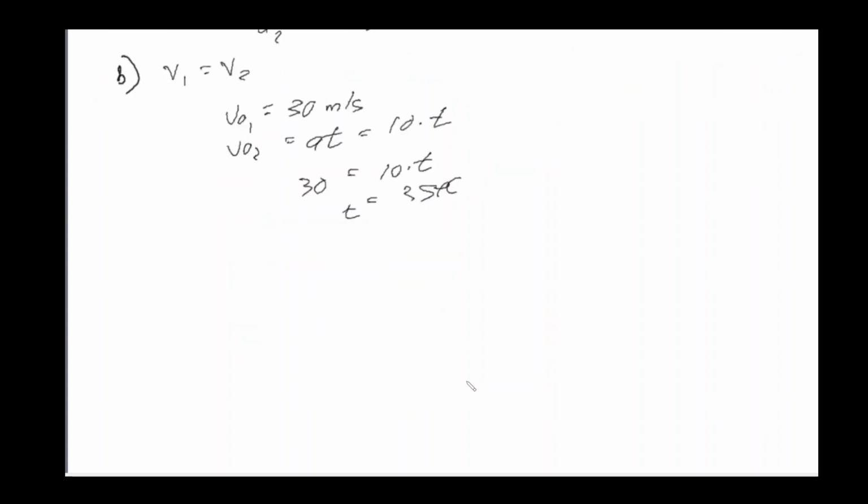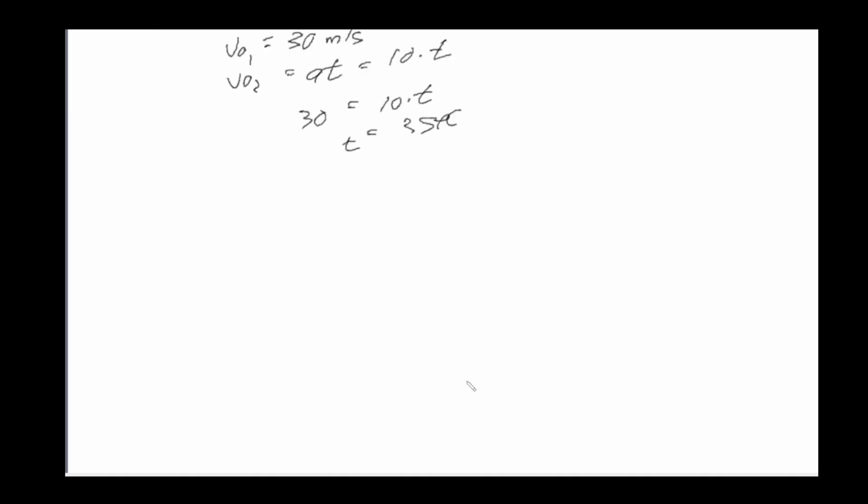Now that we know the time, we can solve for the positions of x1 and x2 when their velocities are equal. So we know x1 is equal to v01 times t, and that would be equal to 30 times 3, which is equal to 90 meters.